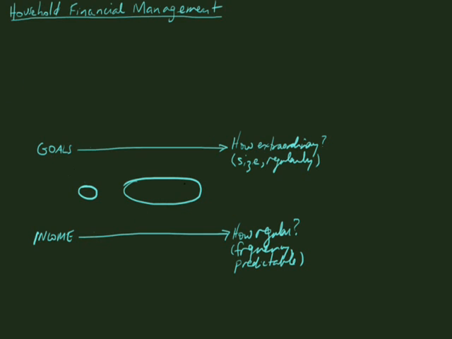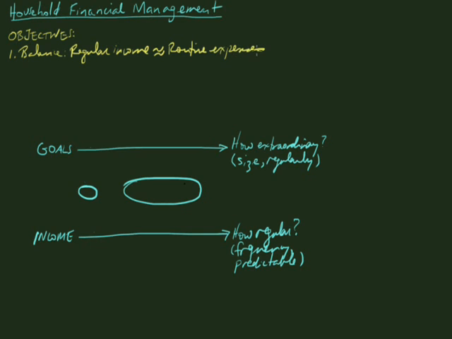Based on this, then, we can establish what the general rules of the game are for household financial management. What we see is that households have two general types of objectives. The first one is to achieve a balance between regular income and routine expenses.